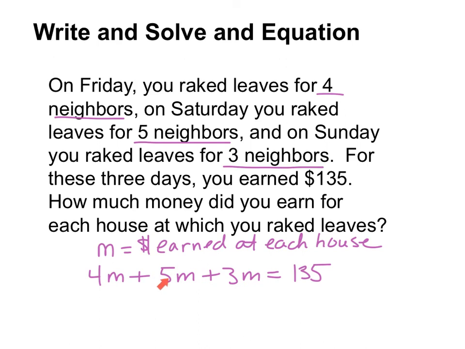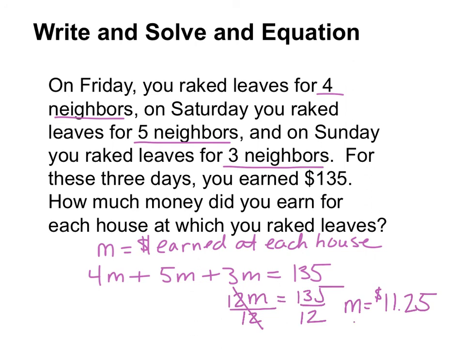So 4 plus 5 is 9M. 9 plus 3M is 12M. So we have 12M equal 135. And now divide both sides by 12. And we end up with M is equal to $11.25 earned for each house. That is a bargain.